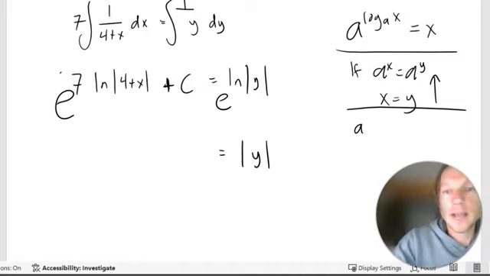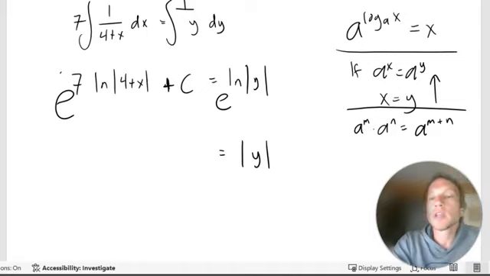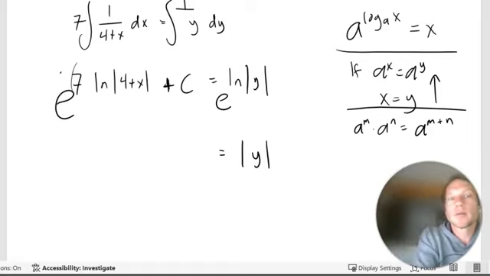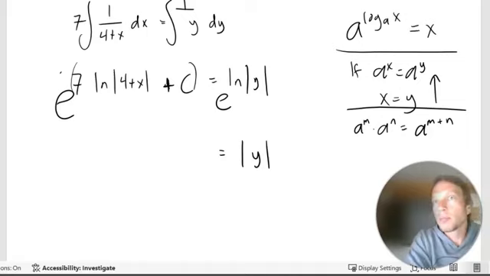On the left, here's another property. A lot of properties, a lot of algebra here. a to the m times a to the n is equal to a to the m plus n. You remember that, like x to the third times x to the second is x to the fifth. That's the property I need here because I have this sum that I want to make a product.